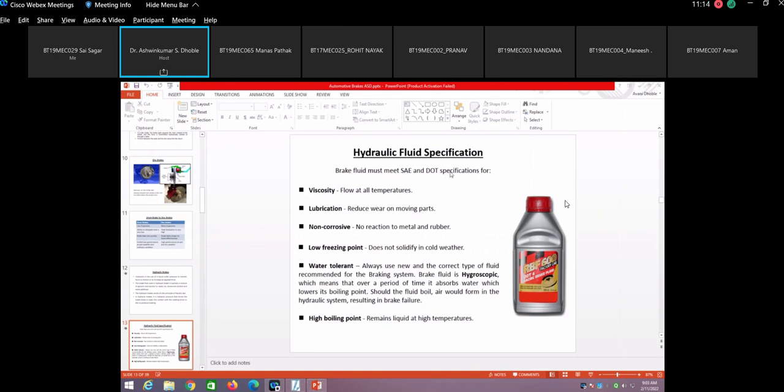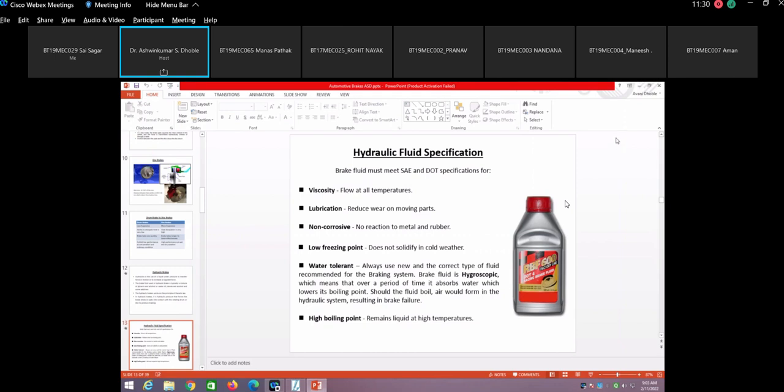The viscosity should be such that it should flow at all temperatures. That means this factor comes into the picture when the temperatures are below 0 degrees centigrade. So this is for the cold region.